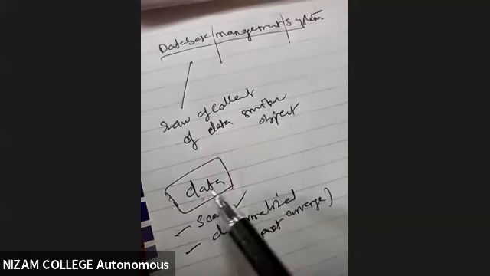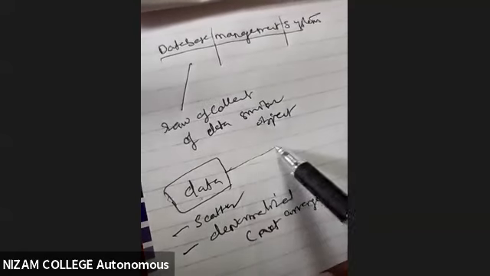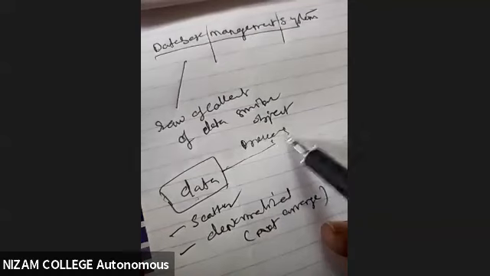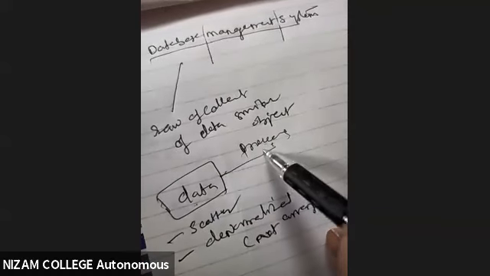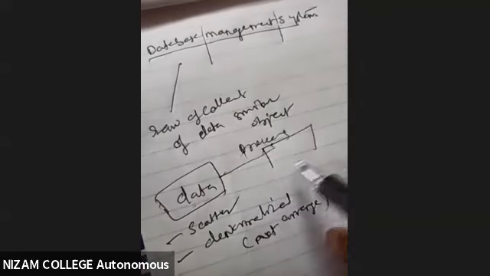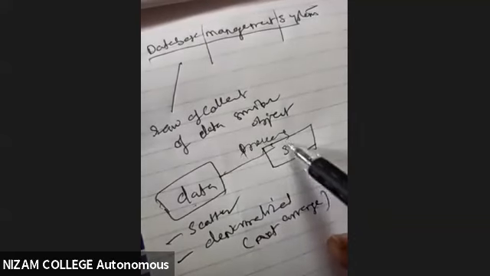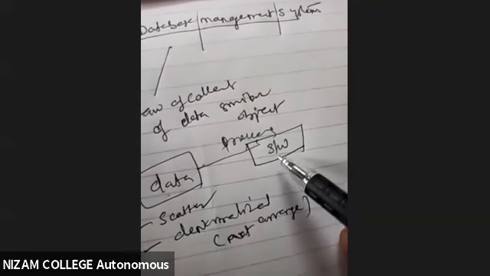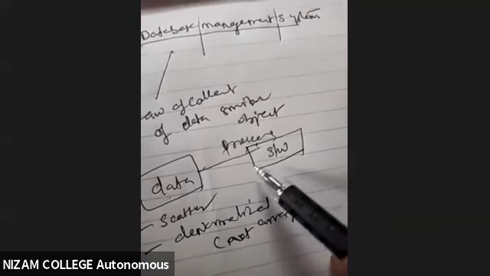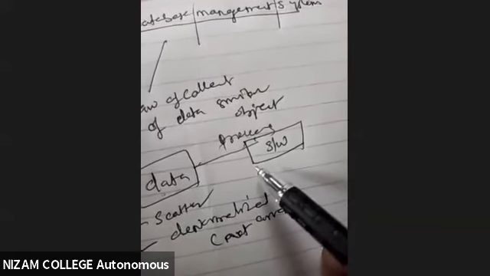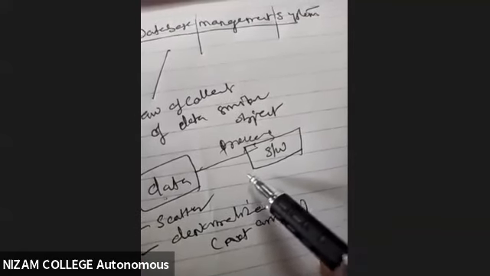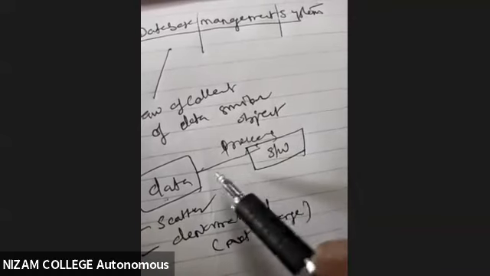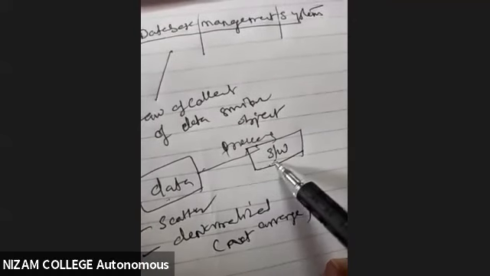Once this data has been collected, we are going to process it. How will it be processed? With the help of software. We are going to write some programs, stored procedures, schemas, for storing the data with the help of the software.